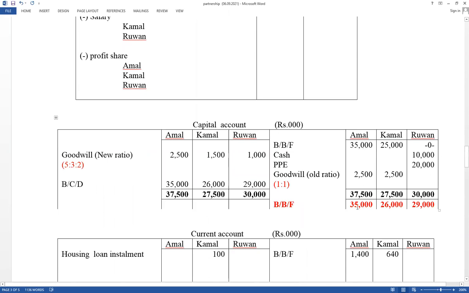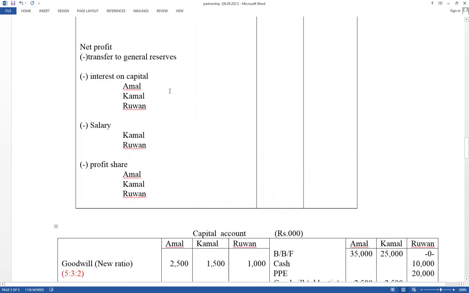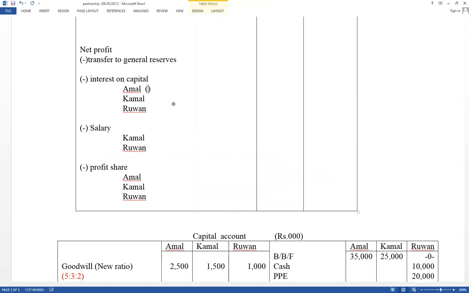Amal, Kamal, and Ruwan should be included in the appropriation account as well as partners' current accounts. 35,000, 26,000, and 29,000. Right, 10% should be calculated as interest on capital. 35,000 into 10%, 26,000 into 10%, as well as 29,000 into 10%.